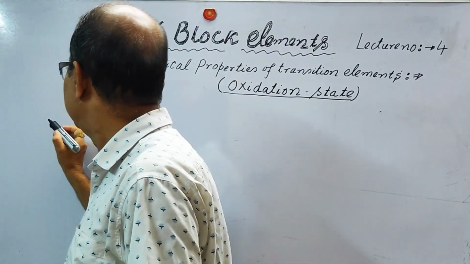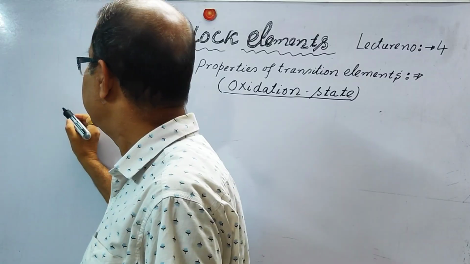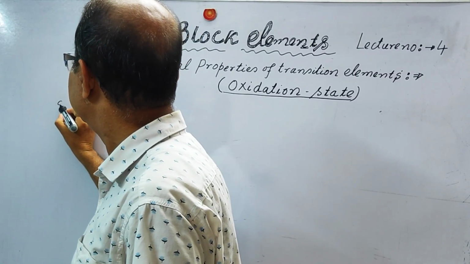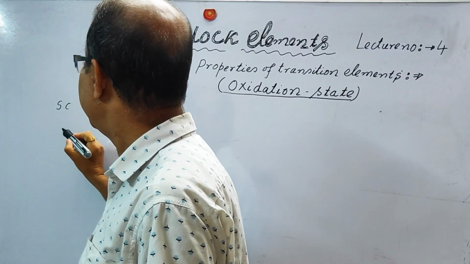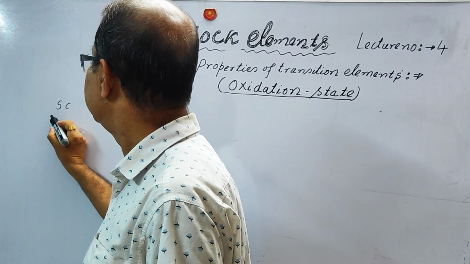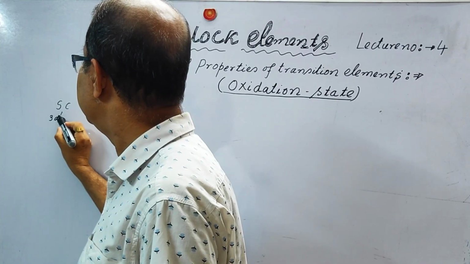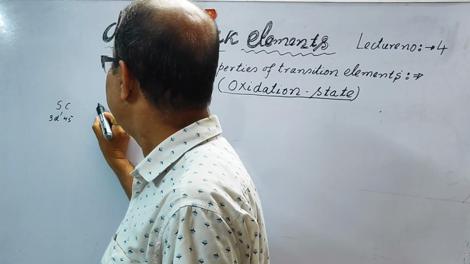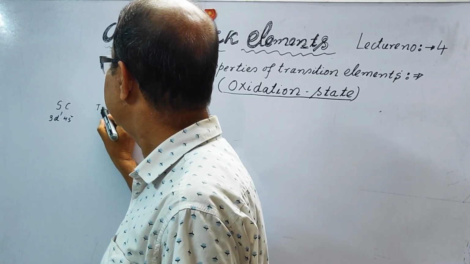In the transition elements, the first element that we know is scandium, and it has the electronic configuration 3d1 4s2. Then we know titanium.